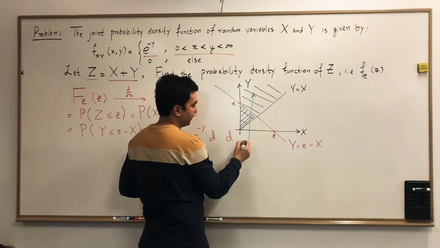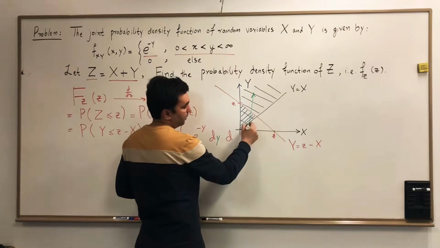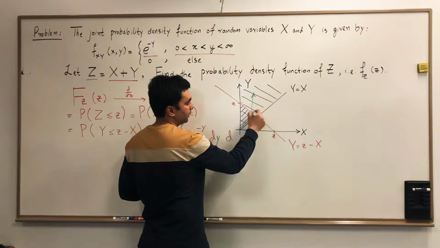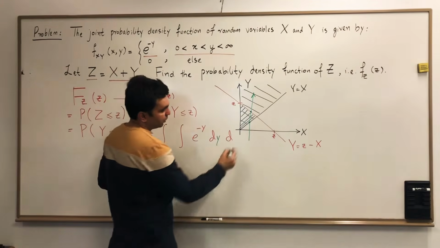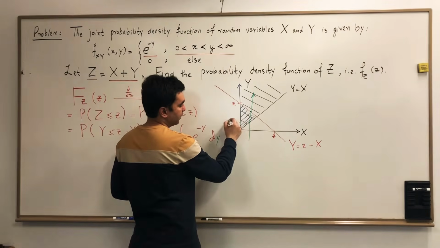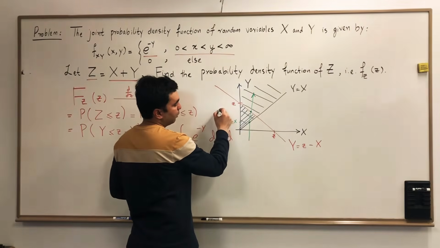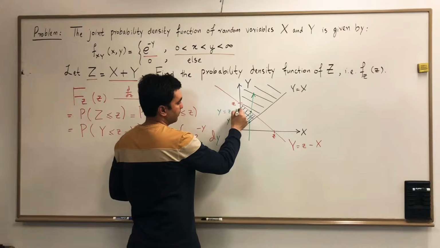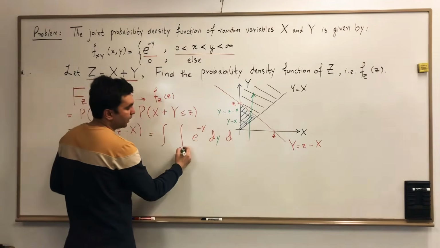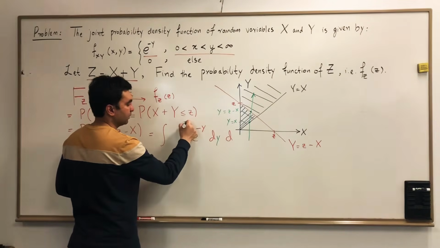So if we do dy first, then we need to find out this point here and this point here. So at this point y equals x, and at this point y equals z minus x. So clearly the limits for y are x to z minus x.